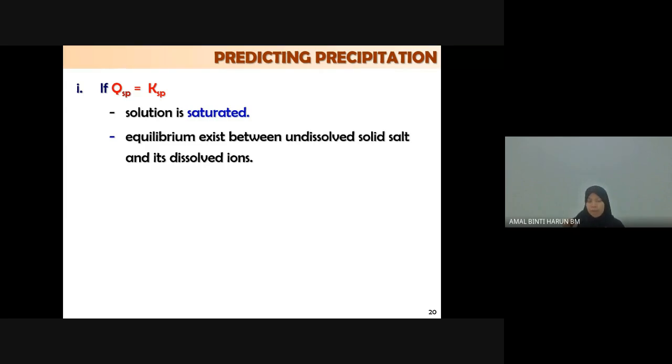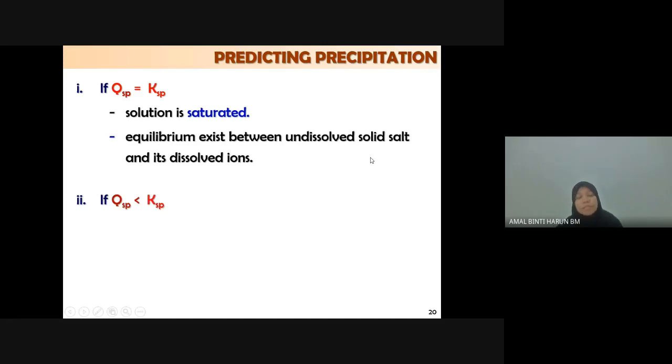Maksudnya dia tak ada ruang lagi untuk ditambah garam ataupun kurang garam dalam solution tu pun tidak. Maksudnya dia dah just nice at the optimum part. Inilah jumlah maksimum, jumlah garam yang paling optimum untuk membentuk saturated solution. Okay, so the equilibrium exists between the undissolved solid salt and dissolved ion.